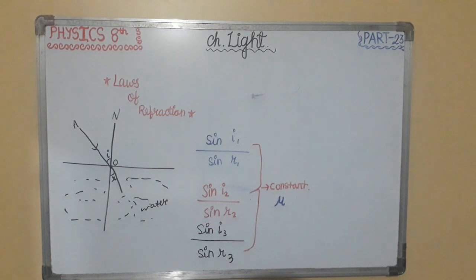The second law is also known as Snell's law, as it was formulated by Dr. Willebrord Snell in 1620. This sign does not have units and dimensions, as it is a trigonometric quantity which is also dimensionless.